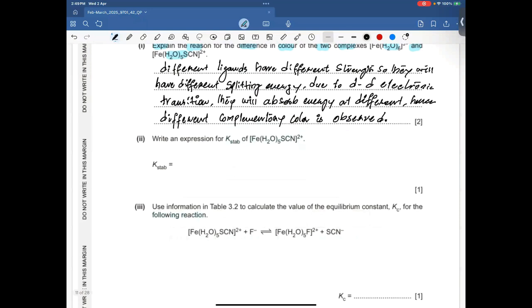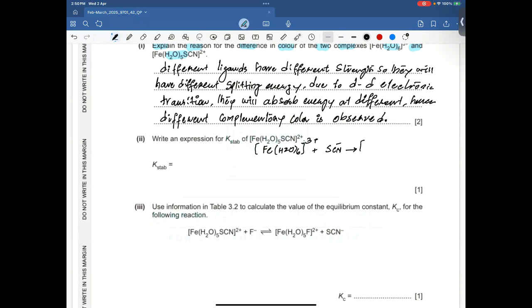All right. Write an expression for the K-stab of this complex. First of all, let me write down the equation. This is Fe(H2O)6 3+ plus thiocyanate, which undergoes a ligand substitution reaction, indicating thiocyanate is a stronger ligand than water.